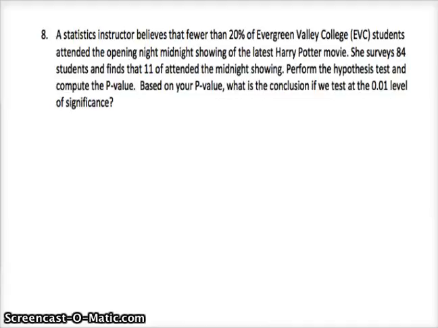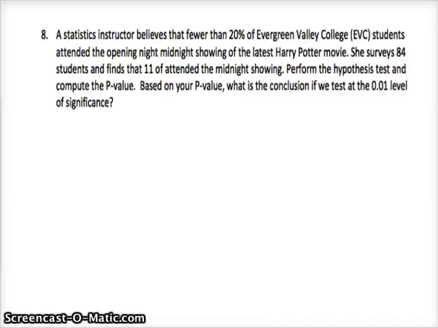In this particular problem, we have a statistics instructor that believes that fewer of a certain number of college students attended the opening night showing of the latest Harry Potter movie. And we want to do a test at the 0.01 level of significance. So, hey, let's do this problem. We'll do it a little quicker than the last one. Problem 8.